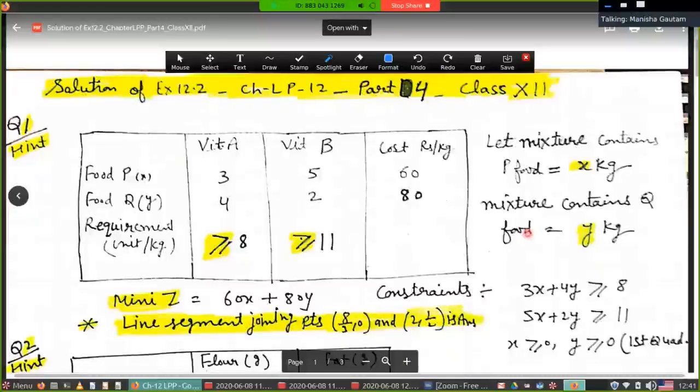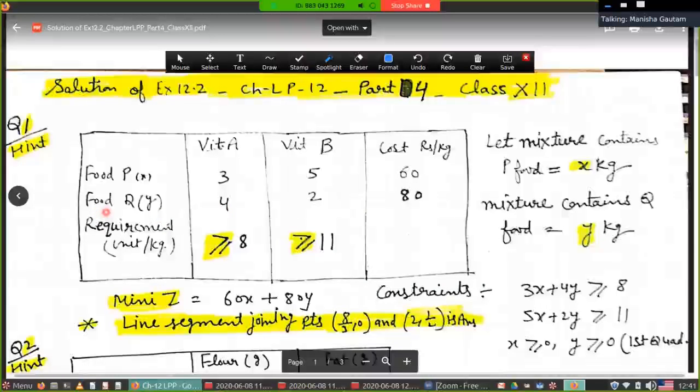Now in question number one, two types of foods are given. The first type of food, P, has 3 units of vitamin A and 5 units of vitamin B, and the cost is given as 60 rupees per kg of the mixture.